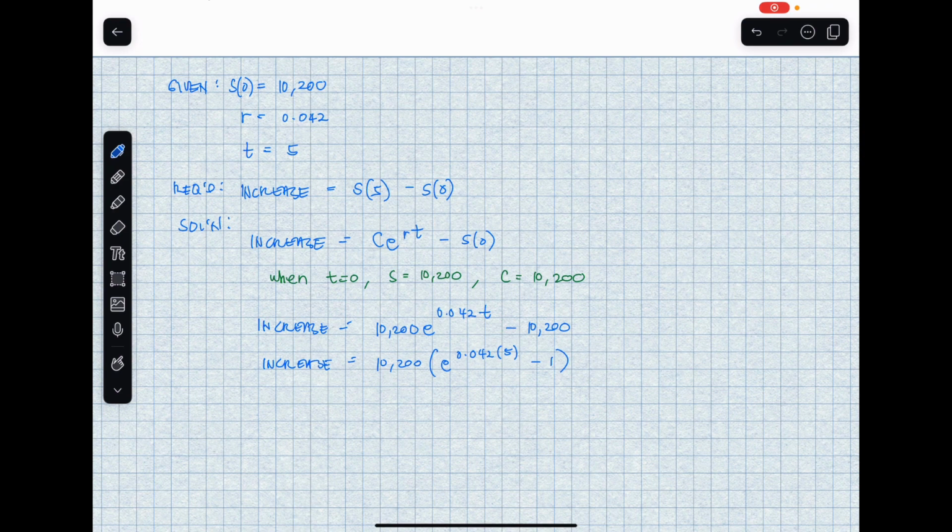I just factored out 10,200. So the increase then will be approximately, let me do it on the calculator, 2,383.52.